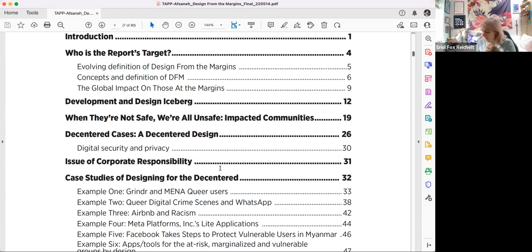And something to note is that the author, or one of the primary authors, notes a few times that they are not a designer and aren't within the technology and design field. They are within the human rights field.